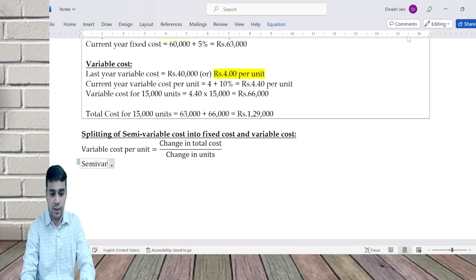Semi-variable cost is equal to total fixed cost plus total variable cost.